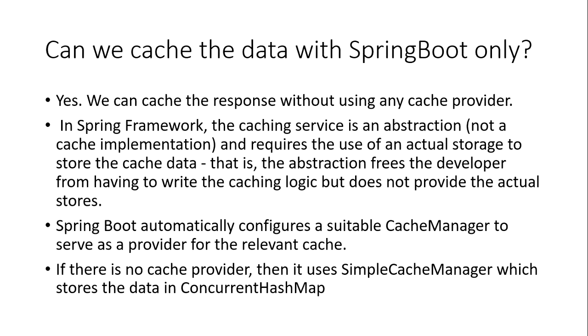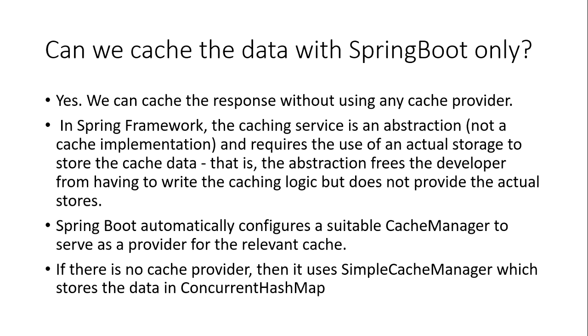So the next question arises: when Spring Boot is not able to store the data anywhere, what's the use of caching the data only with Spring Boot without any caching provider?